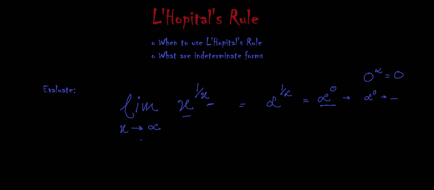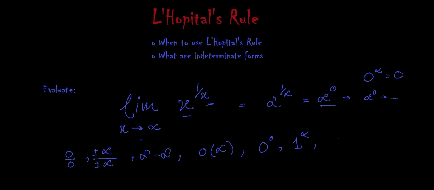There are a couple of indeterminate forms, and that's when we can use L'Hopital's rule. These are some of the other indeterminate forms: 0 divided by 0, positive or negative infinity by positive or negative infinity, infinity minus infinity, 0 times infinity, 0 to the power 0, 1 to the power of infinity, and infinity to the power of 0 that we have in this case.